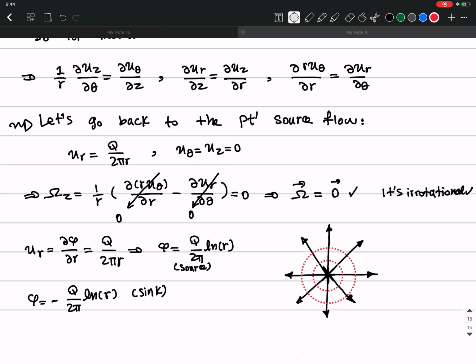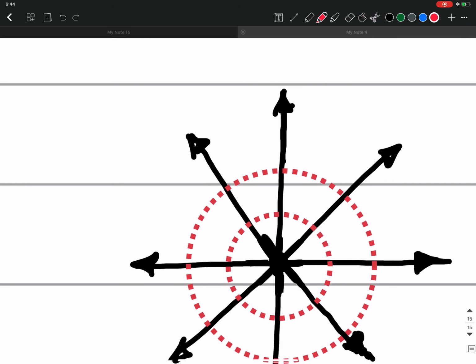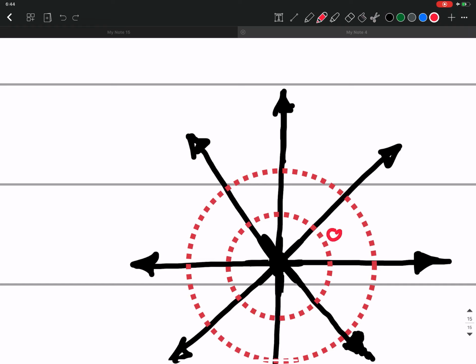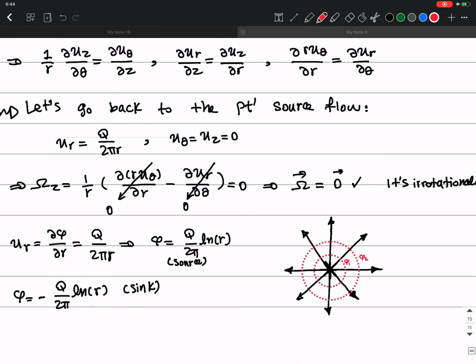So this is, let's say, phi 1. So let me decrease this. This is phi 1, and this is phi 2. And phi 2 is going to be larger than phi 1.